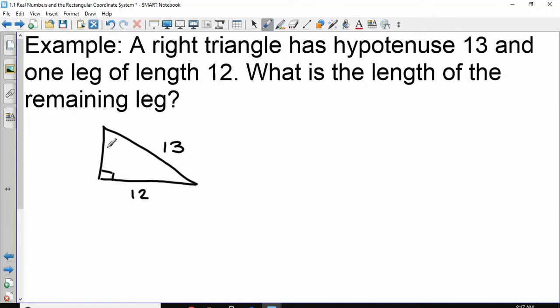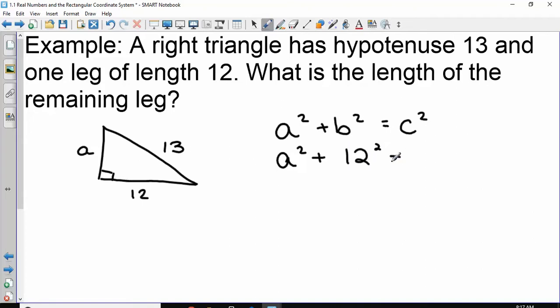So in your right triangle, you have sides A, B, and C. C is the hypotenuse. I'm just going to call the missing leg A for a moment. So we can do A squared plus B squared equals C squared. So my B is 12, and C is 13.